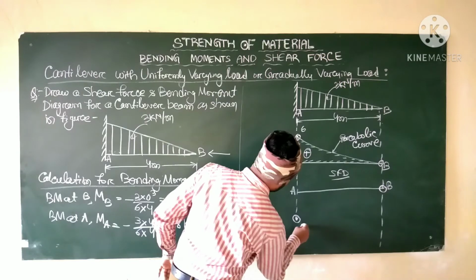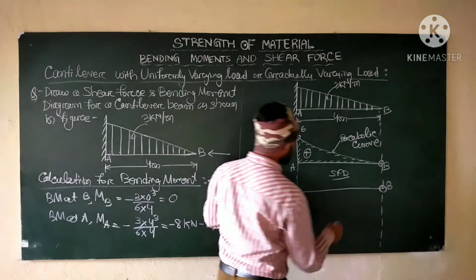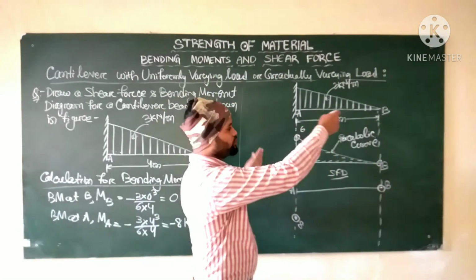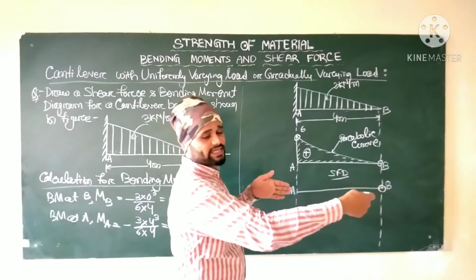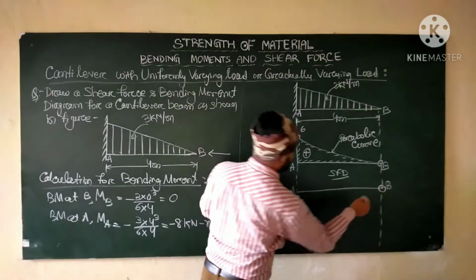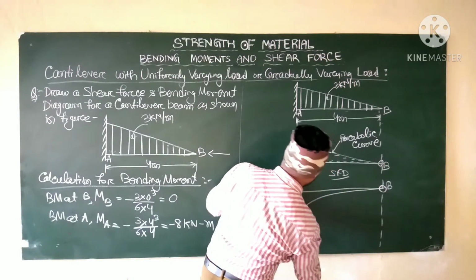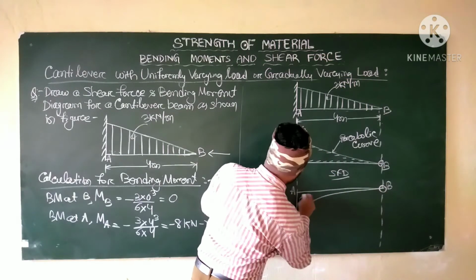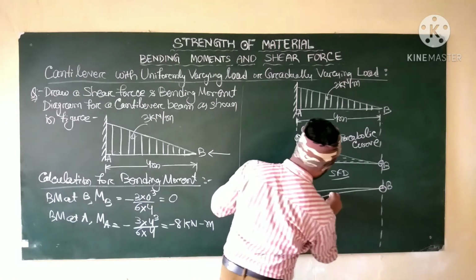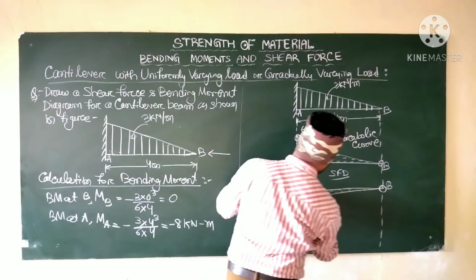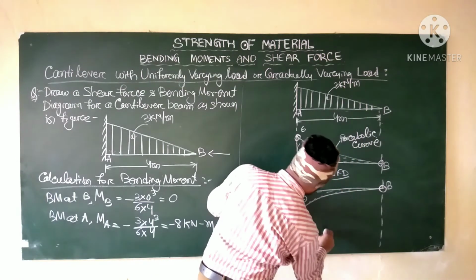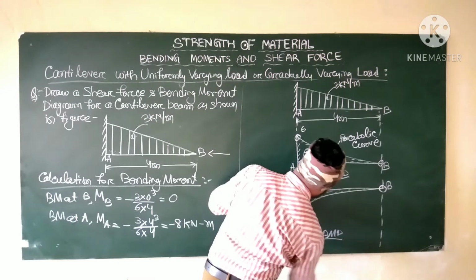Let here be 8. So when there is a UVL between 2 points, the bending moment line is a cubic curve. Cubic curve means the line curves. Sketching will be inside. Here we will write bending moment diagram.